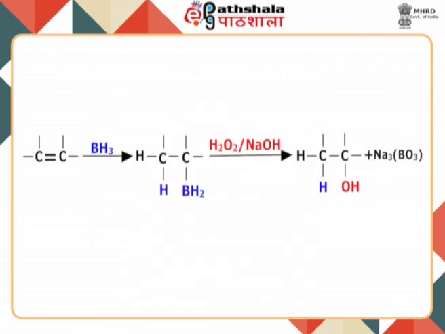This reaction is often combined with a subsequent oxidation reaction to produce an alcohol and is commonly known as hydroboration oxidation reaction. As you can see here, the alkene is first reacting with BH3, and then with subsequent treatment with hydrogen peroxide and NaOH, the boron component is getting replaced with OH.